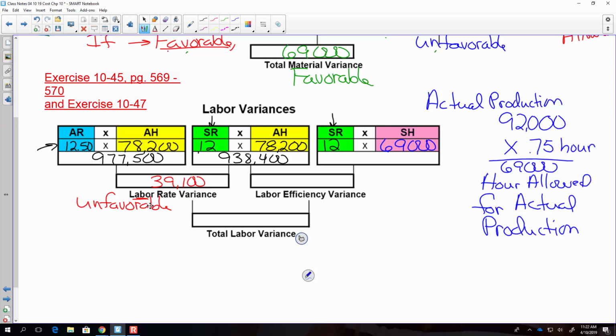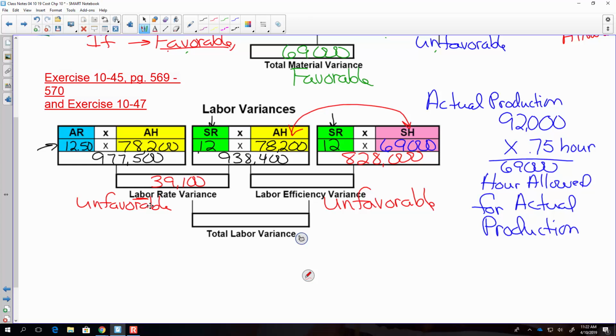Right? What should it have taken to make those 92,000 belts? Well, that times 12 is 828,000. Is my variance favorable or unfavorable? Unfavorable. I spent way too much time. Look at the number difference between AH and SH. Huge, huge problem.